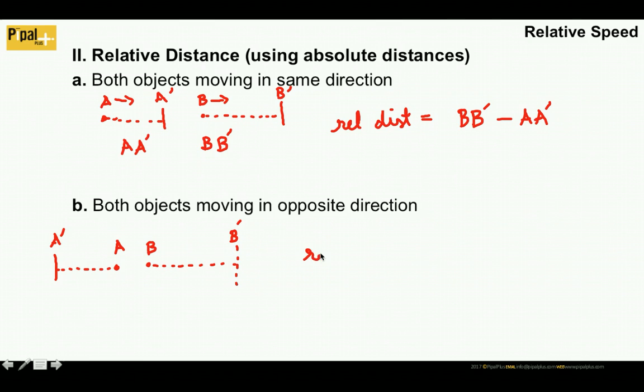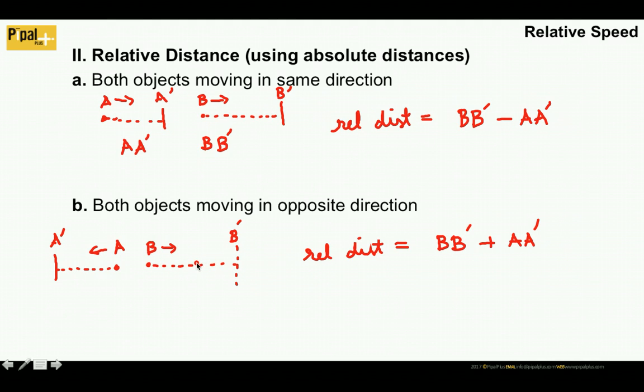Then the relative distance covered is going to be equal to the sum of their absolute distances, right? Now in this case, while we notice that A and B have traveled in the opposite direction, the distance covered by A with respect to B is the sum of the distance covered by A and the distance covered by B, right?